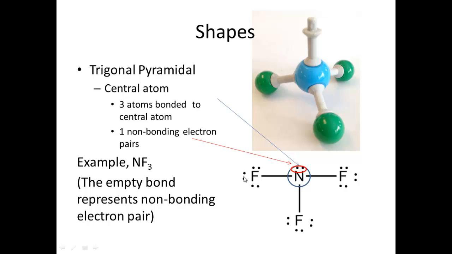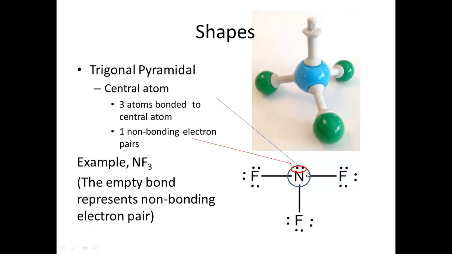So you guys can see how important it is to be able to draw the Lewis dot structures of the different atoms. So as you see, there are non-bonding electron pairs here. So the next shape is trigonal pyramidal. Trigonal pyramidal is the central atom bonded to 3 atoms.